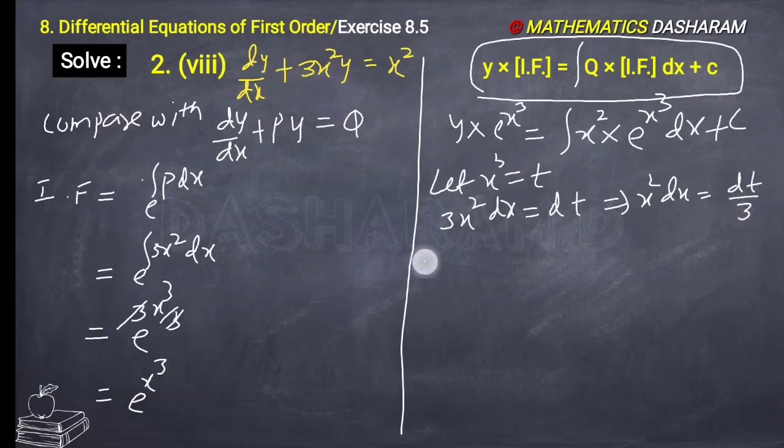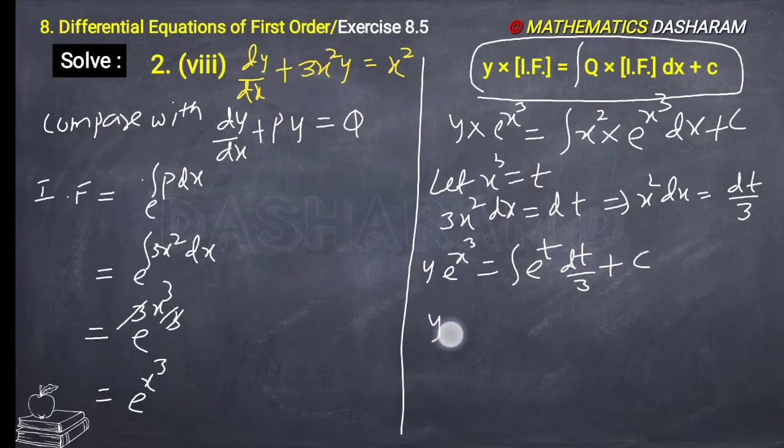So substitute these values. y into e to the power of x cube equals integration, here e to the power of x cube is t, and x square dx is dt by 3, plus c. So y into e to the power of x cube equals 1 by 3 into integration of e power t, which is e power t itself, plus c.